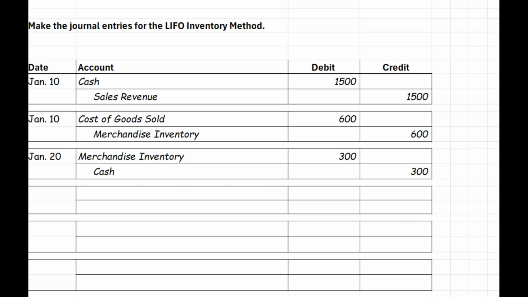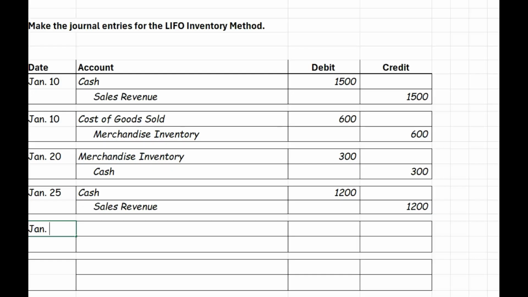The sale was made on January 25th. We debit cash for the cash received for the sale and credit sales revenue. The units were sold for a price of $15 per unit. There were 80 units sold. $1,200.